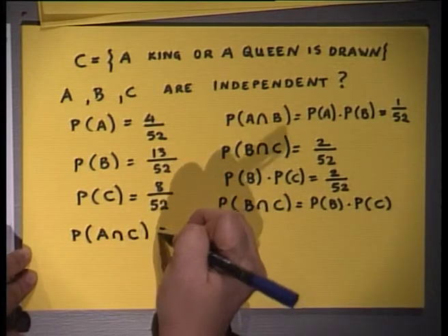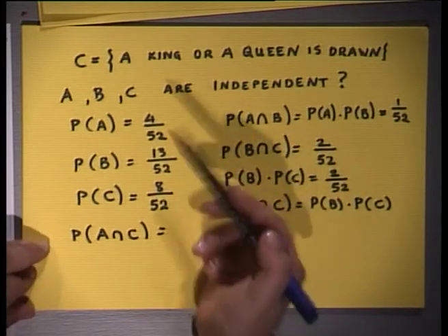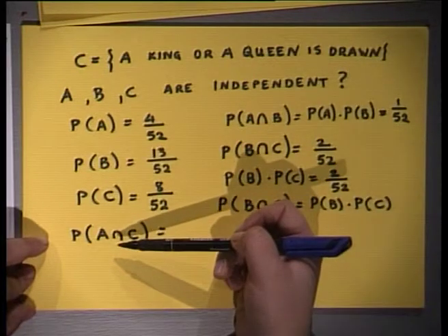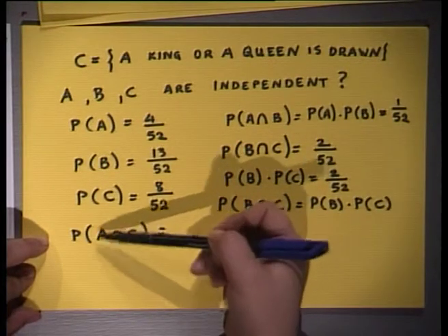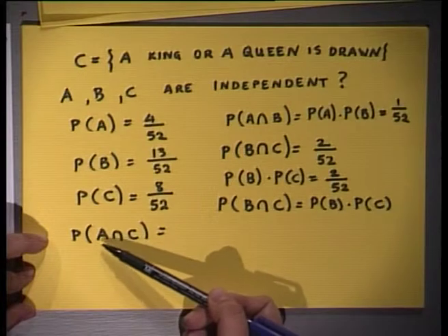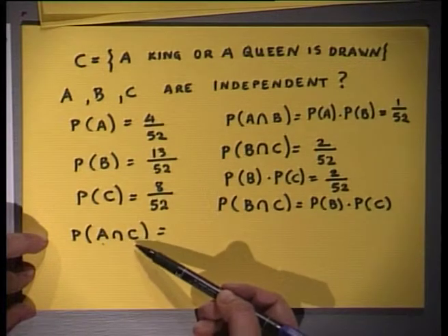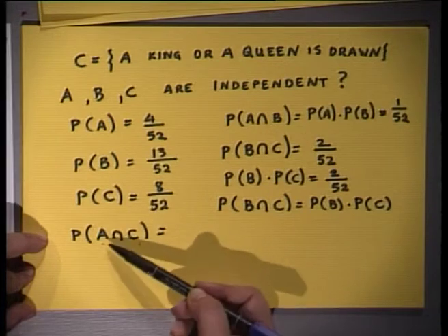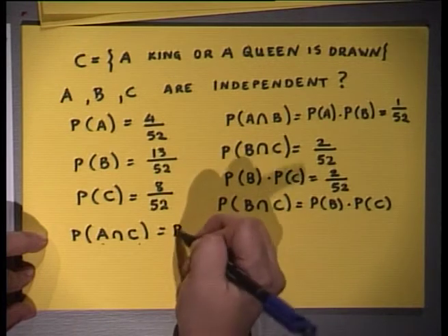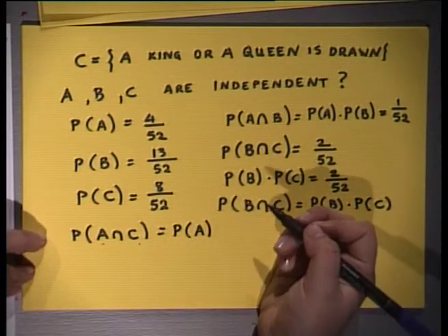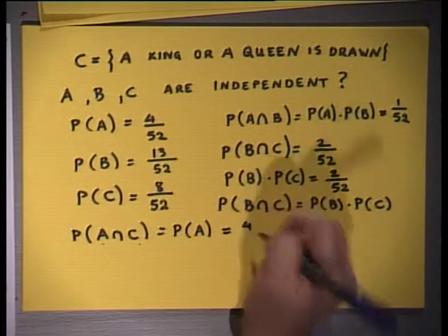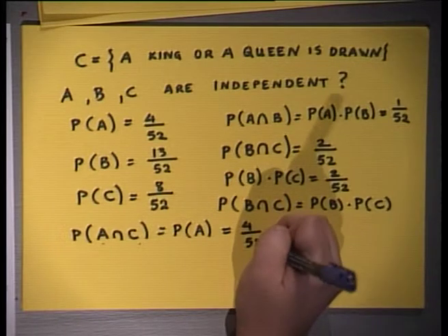intersection C, the probability of a king or a queen and A, where A is the event of a king. So here we have a king, here we have a king or a queen. So their intersection is actually to draw a king, which is the event A, and this is equal to 4 out of 52.